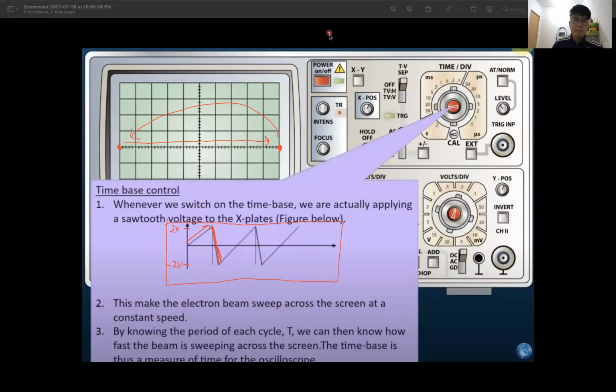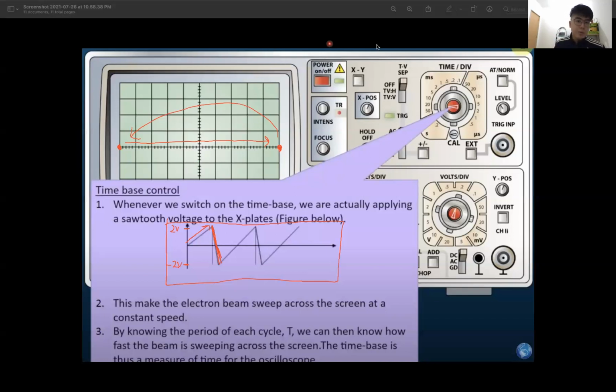It's connected to the time base. Now, if you adjust the time base to a very short period of time, like microsecond, you'll see that the dot moves very fast, because the time between one tiny box is very, very short. In fact, it moves so fast that you cannot see that it is moving.